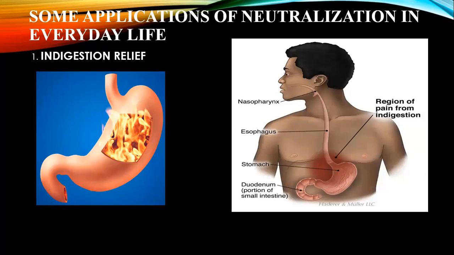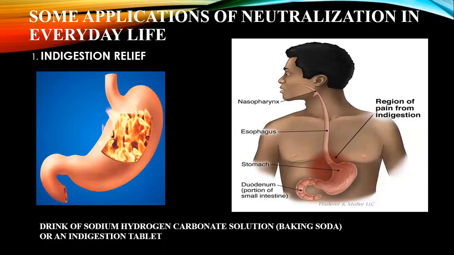Now, what happens is you'll be given a drink of sodium hydrogen carbonate solution, or baking soda, or any indigestion tablet. When you take it, because maybe there's too much acid, the acid level here will be reduced. You are going to have a neutral environment.